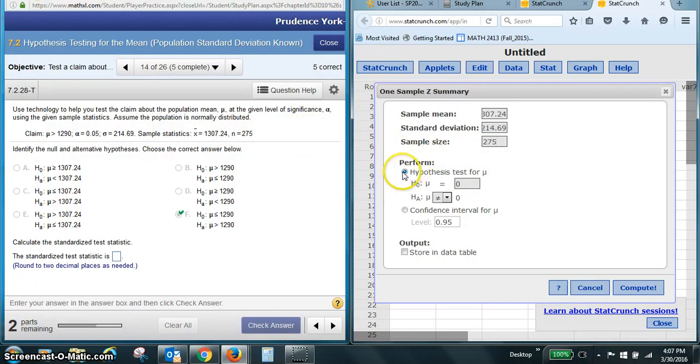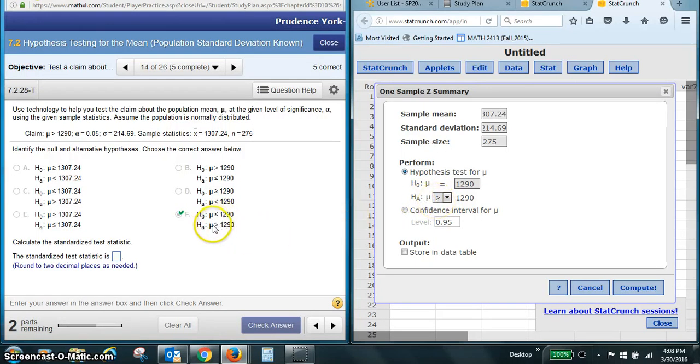We are doing a hypothesis test. Mu is 1290, the mean is 1290, and our alternative hypothesis is greater than. Now you notice that it does not change the symbol for our null hypothesis, and that's okay because the test statistic is going to be based on the symbol for the alternative hypothesis.